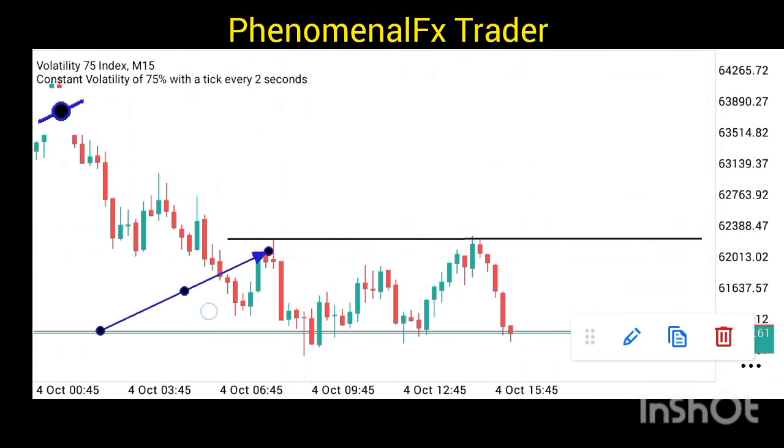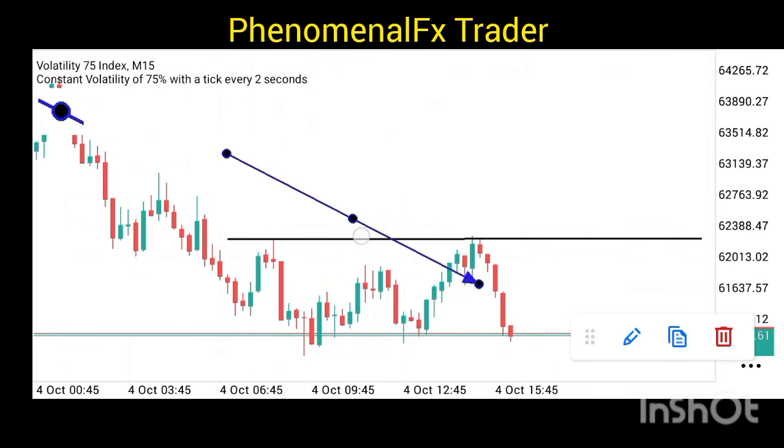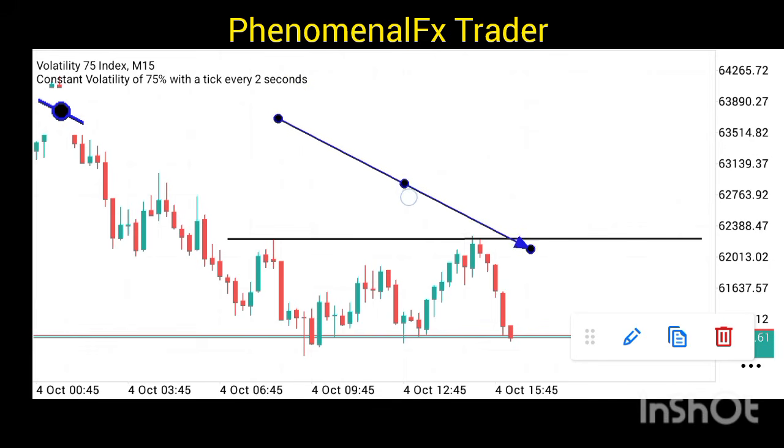So this lower high created this lower low right down here. And since after this lower low was created, there's been no break of structure again, and there is no change of character. So if the market is able to successfully create a change of character, then we wait for a pullback, then we take the buys. Once this change of character happens, know that the market is fully ready to take the buys.